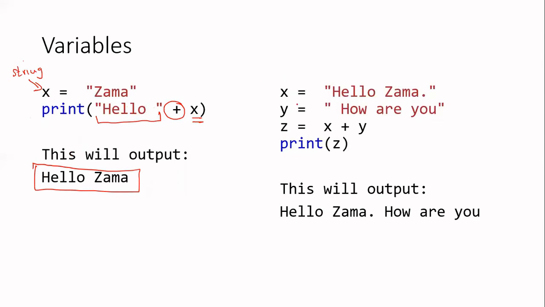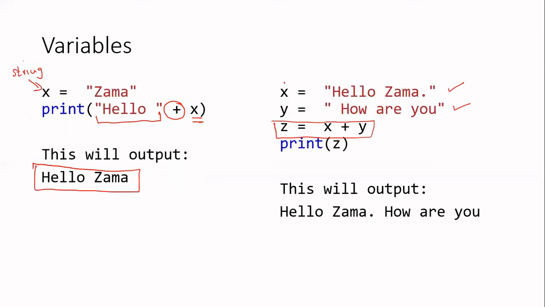If we look at this segment here, we now have x equals "hello zama." So that's one string variable. And then we've got y, " how are you?" That's also a string variable. So x contains the first part, y contains the second part, and then we've got an expression where z is another variable, and it takes your x plus your y.